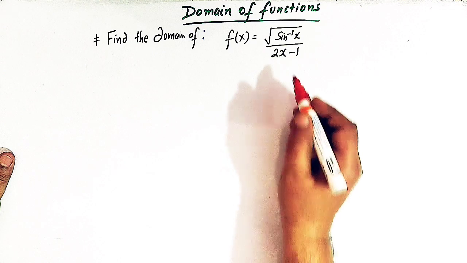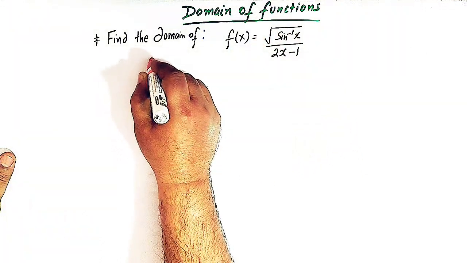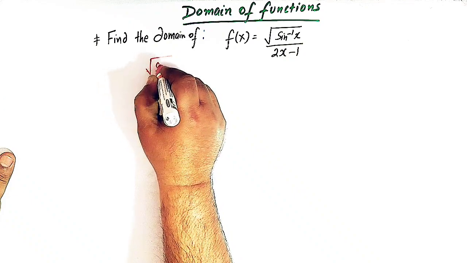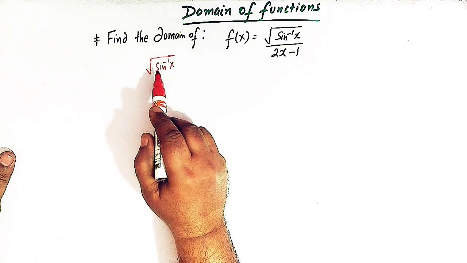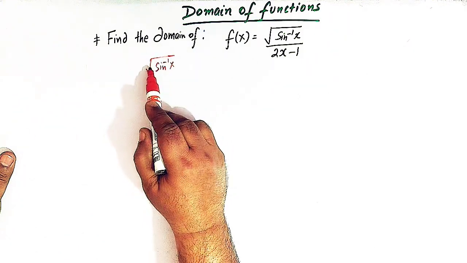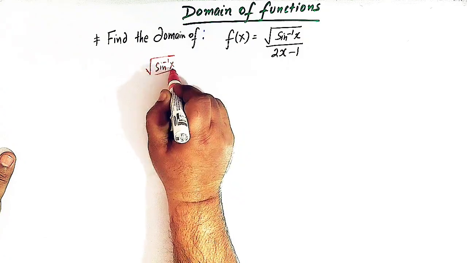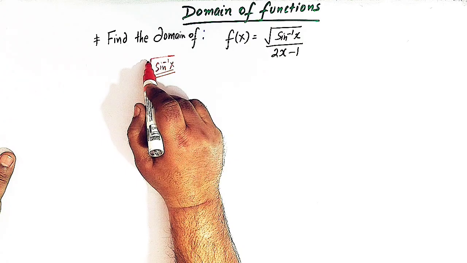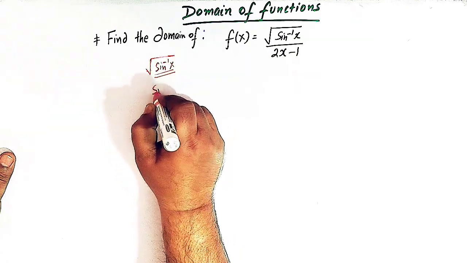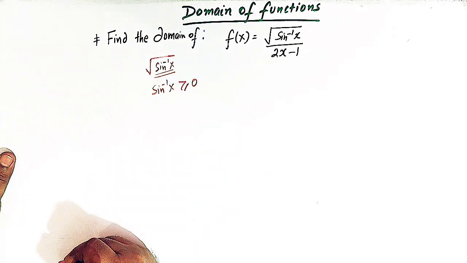So now let us consider first the function square root of sine inverse x, right? Now for the validity of this function, the condition is that the expression inside the radical sign must be greater than or equal to 0, right?